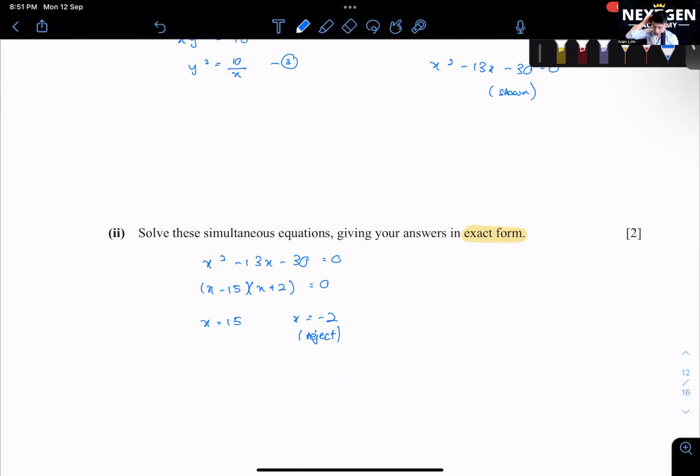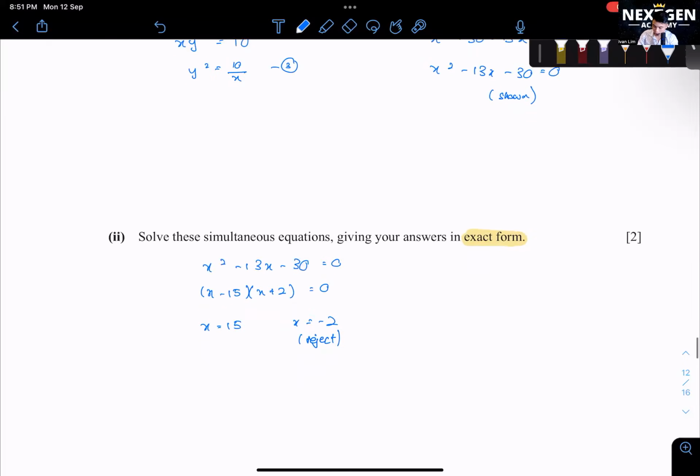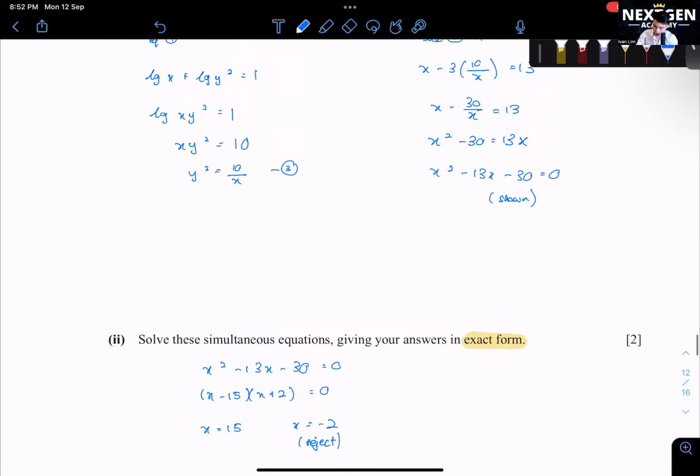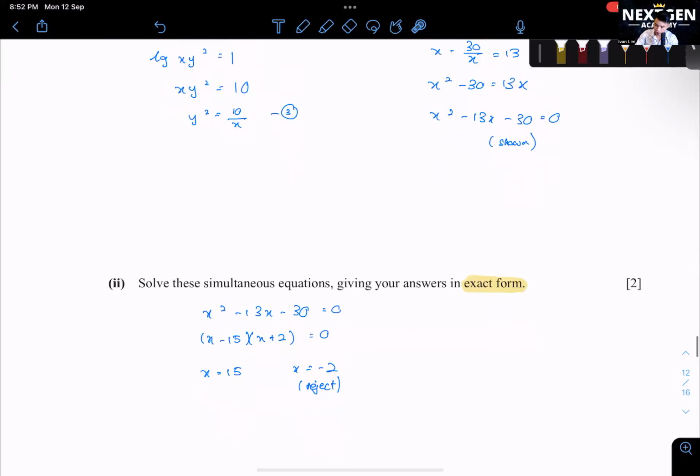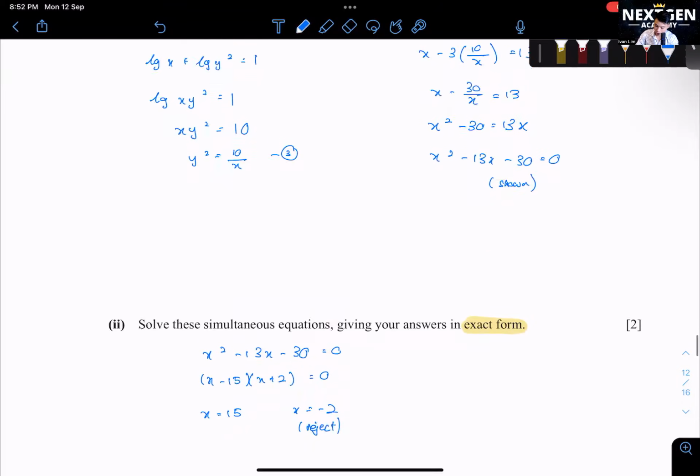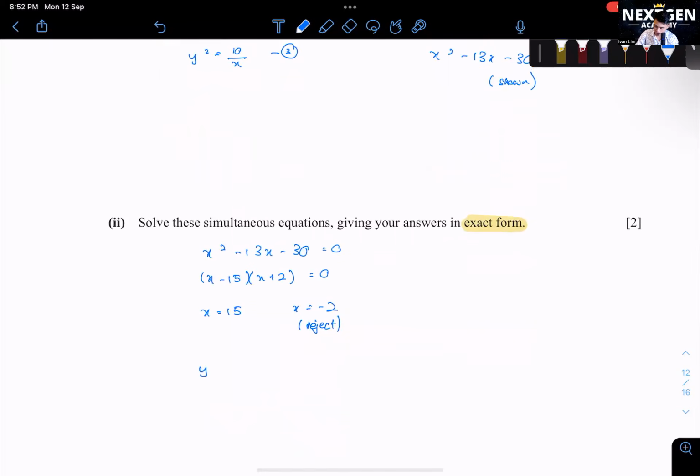Then what we want to do, you just sub into any of the equations. Let's sub it into equation 3. Equation 3 is already rearranged, right? So I get y squared. We sub x equals 15 into 3.